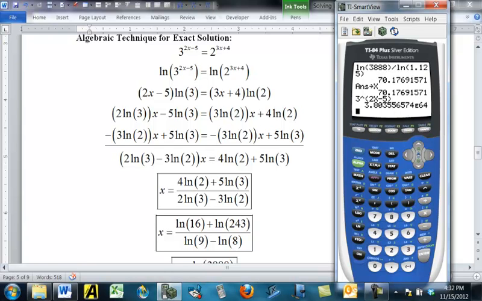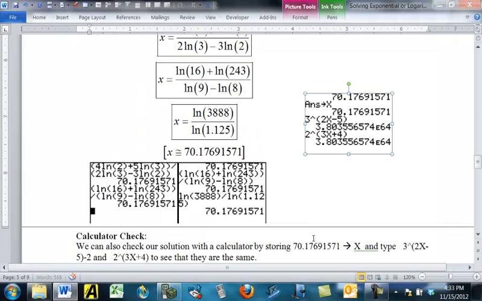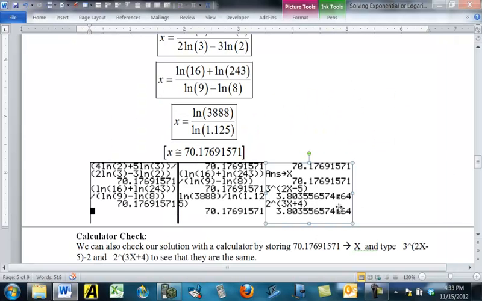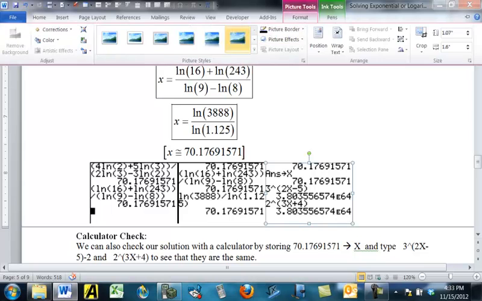That's way up there, 3.8 times 10 to the 64th. But as long as the other one's the same, we're in good shape. 2 to the power 3x plus 4. Good, it checks. And so that allows us a way to check it.